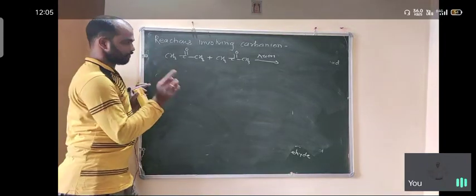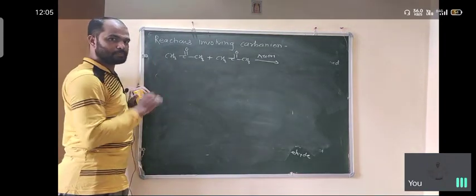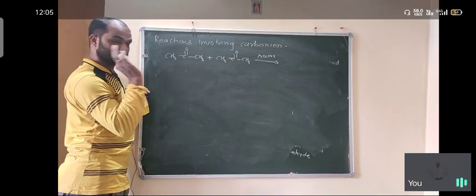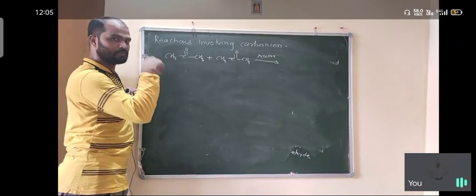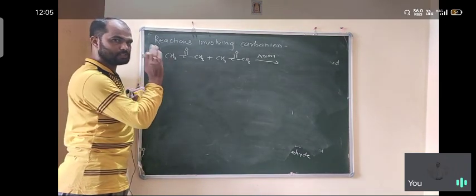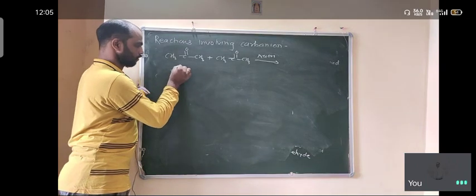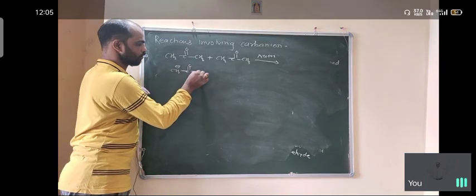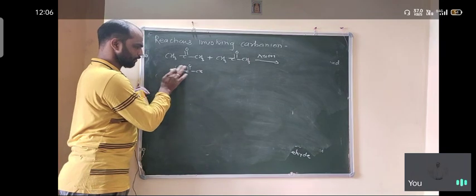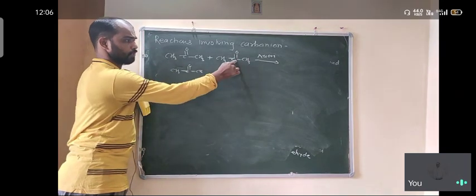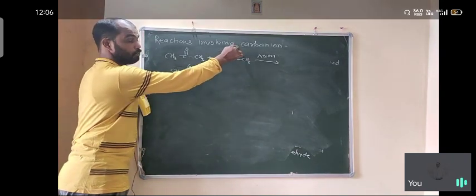So just imagine this molecule undergoes carbanion formation, meaning you imagine what is left after the formation of the carbanion: CH2, C double bond O, CH3. You just attach this CH2 to this carbon and convert the carbonyl into OH.